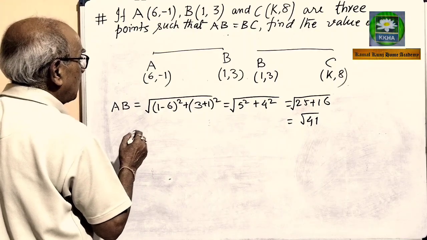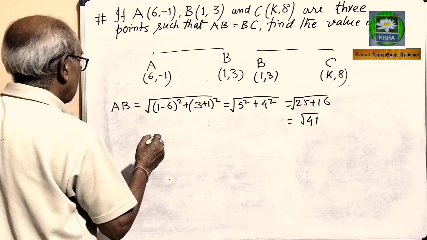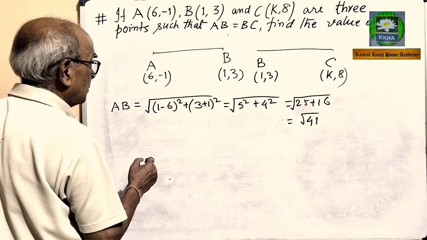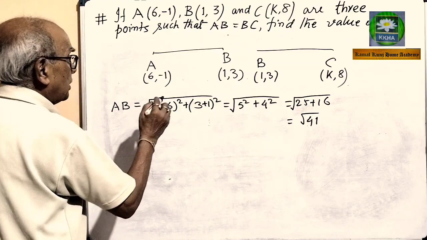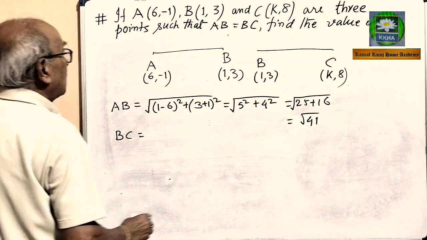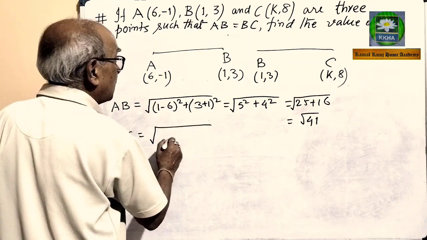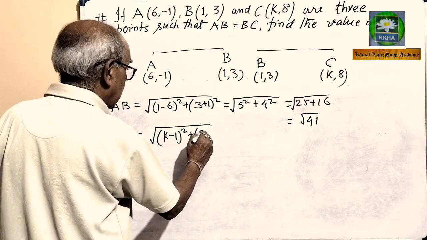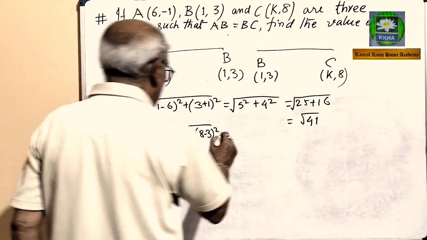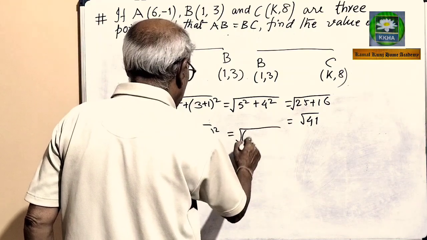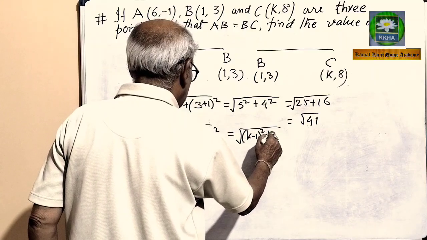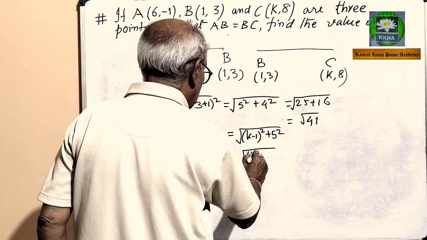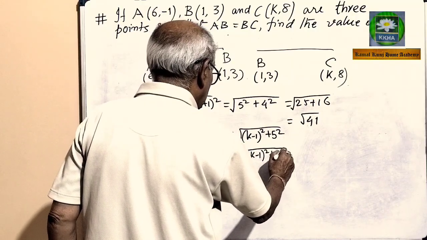And BC is equal to the square root of (K minus 1) whole square plus (8 minus 3) whole square, which is root of (K minus 1) whole square plus 5 square, that is plus 25.